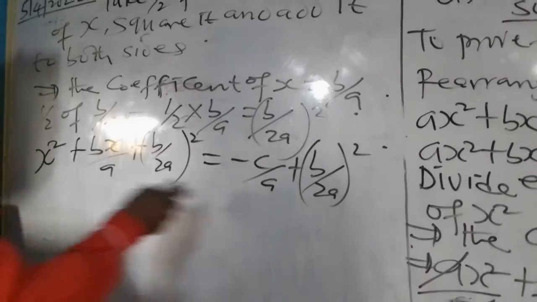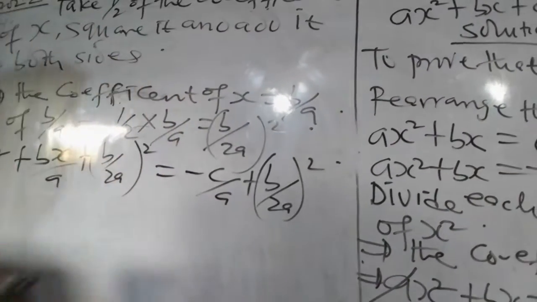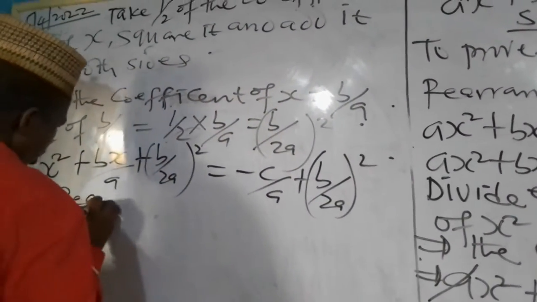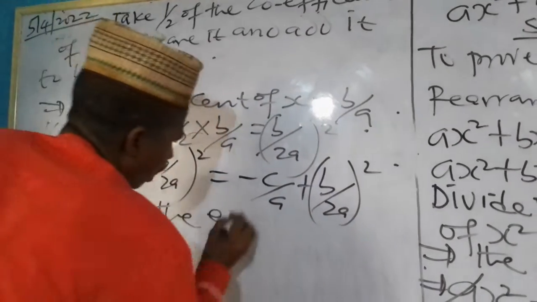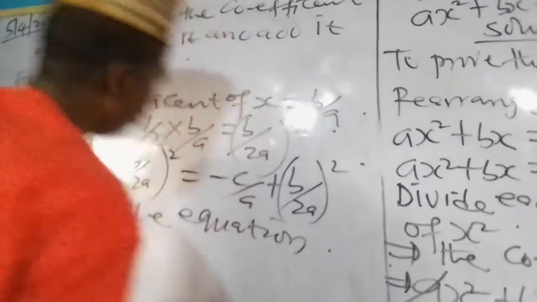Then in that case, we can rearrange, because we can't have negative before positive. We rearrange the equation.